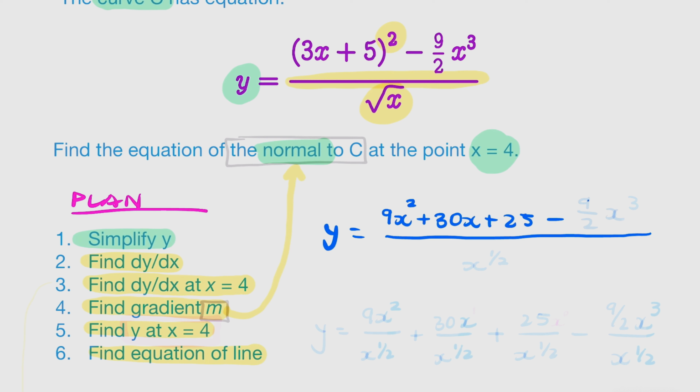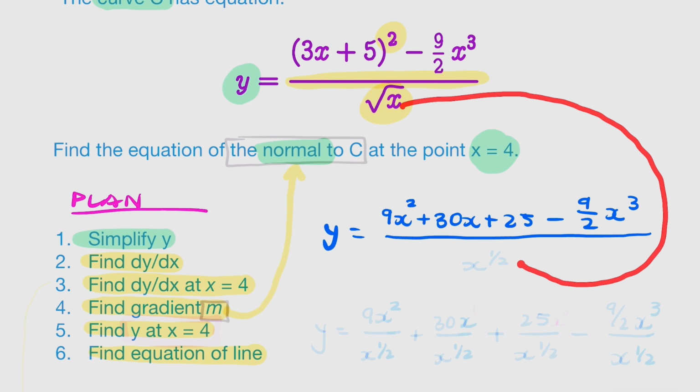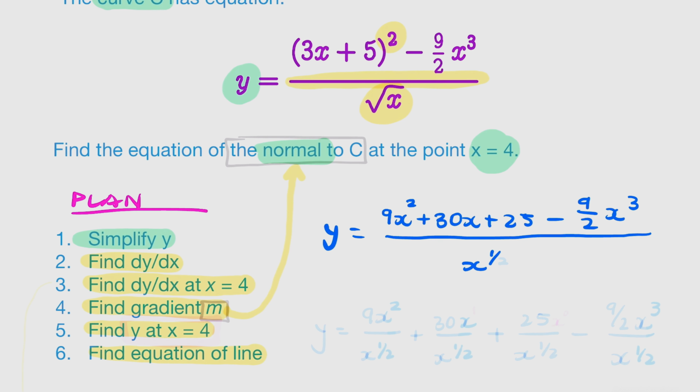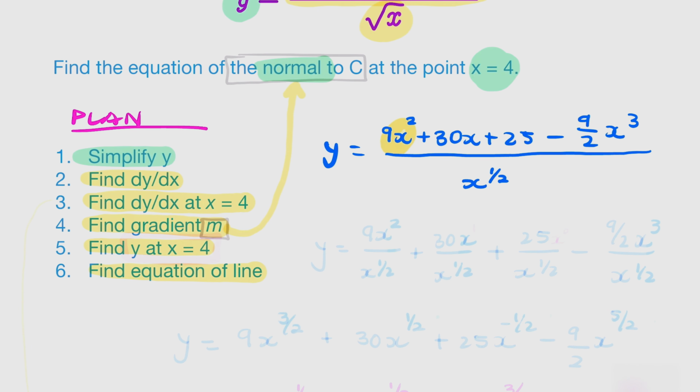And we subtract from that 9 over 2x cubed. And in the denominator, we have x to the power 1/2. Now what we can do is separate each of these terms and divide them by the same denominator.